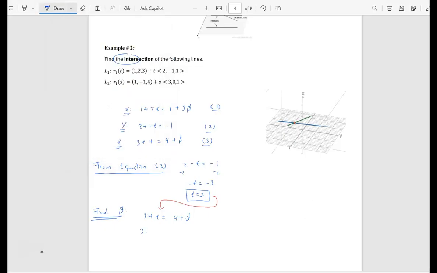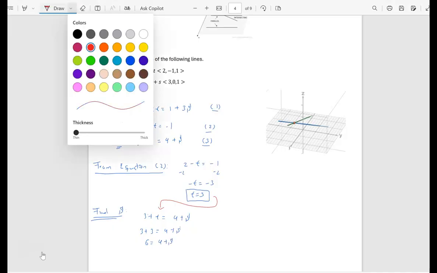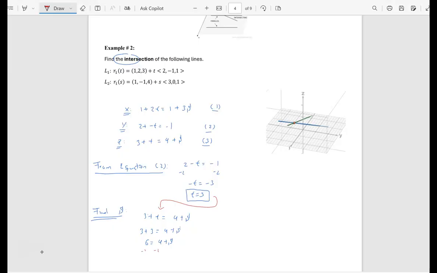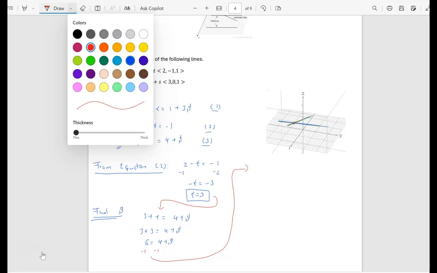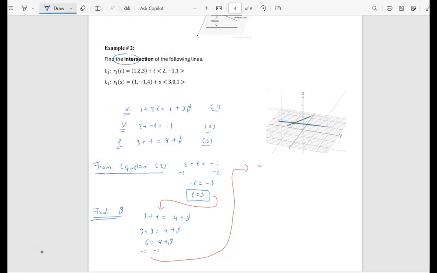So this will be 3 plus 3 is equal to 4 plus s, or 6 is equal to 4 plus s, and then I can subtract the 4's, and this is going to give me that your s value is equal to 2.